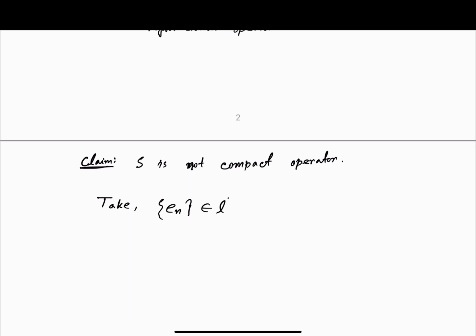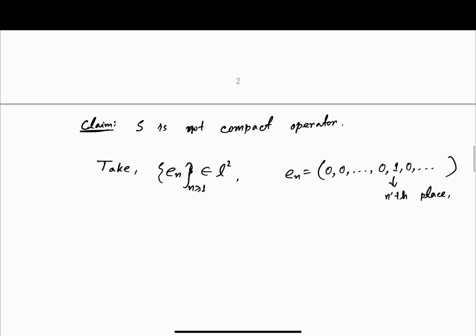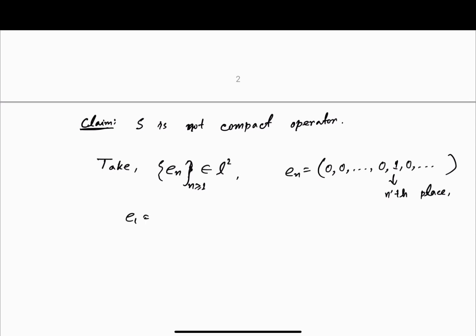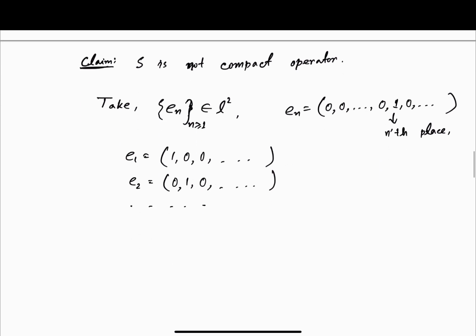So this is in l2. What is en? The en are 0, 0, ..., 0, 1, 0, ..., where 1 is in the nth place, for n greater than or equal to 1. Like this, e1 is 1, 0, 0, ..., e2 is 0, 1, 0, 0, .... Clearly these are in l2, because only one term is non-zero.